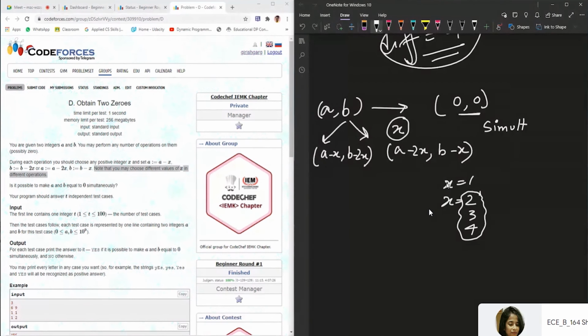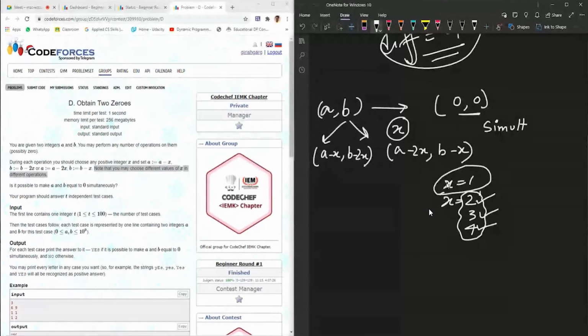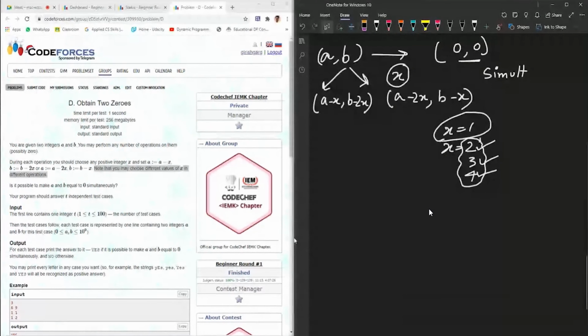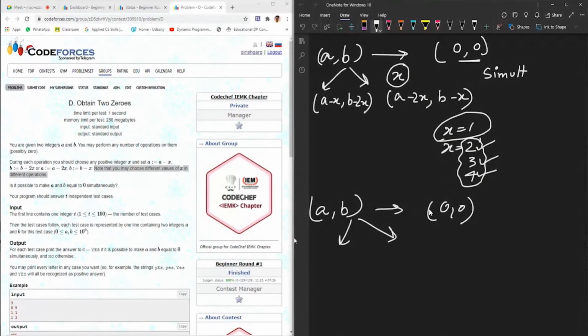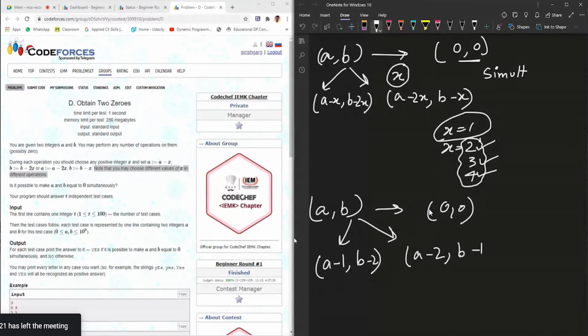That means if I use x equal to 1 in all my operations, I will be able to simulate the x equal to 2, 3 and 4 operations. So my problem reduces to converting A comma B to 0 comma 0 by either doing A minus 1 comma B minus 2, or A minus 2 and B minus 1. I hope this is clear to everyone.